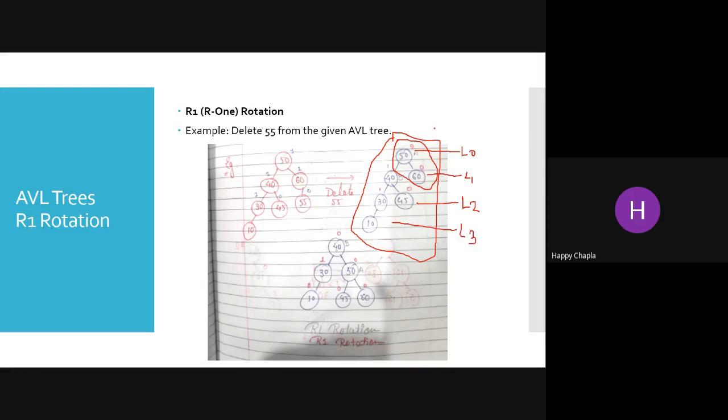Okay, so you see, the leaf node of every subtree, either the left subtree or the right subtree, is at a different level. This one's leaf node is at L1, this 40's leaf node is at L2, and this 30's leaf node is at level number 3. That means what? Whatever leaf node you have, its level is also different.